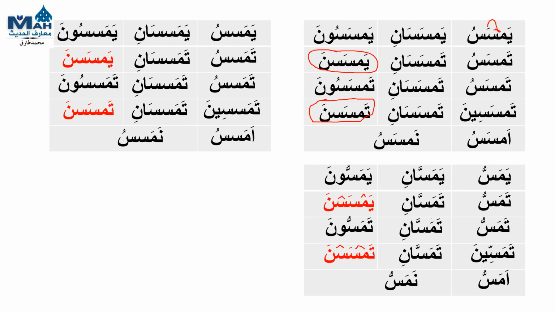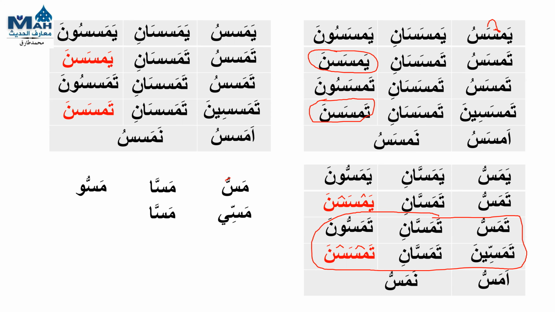Now we'll make what? Amr. Amr will be massu, massa. Okay, good. Massa, massu, massi, massa. Then it will be as it is. Imsasna. We'll remove the alamat mudare and we'll put one alif. Imsasna.